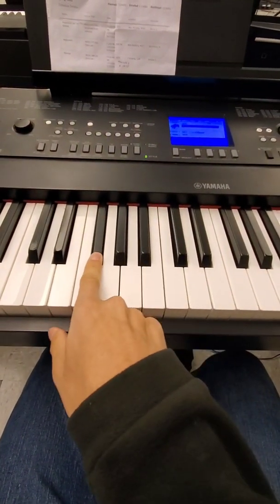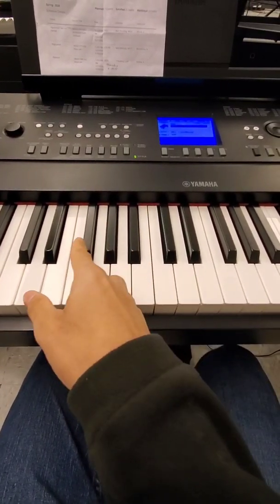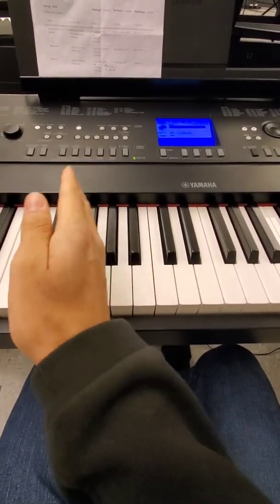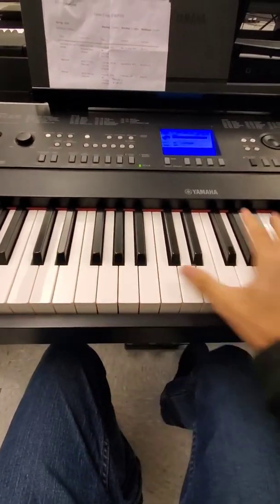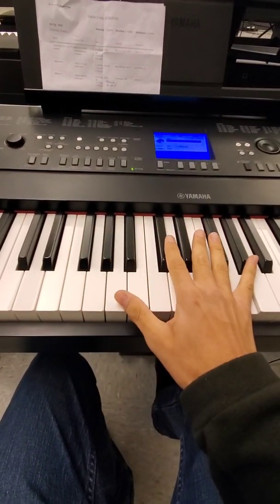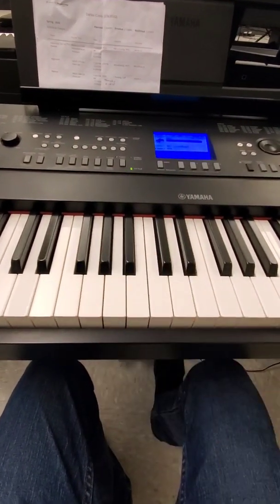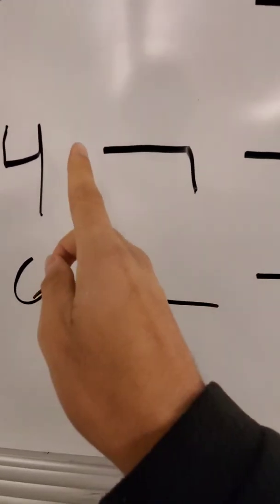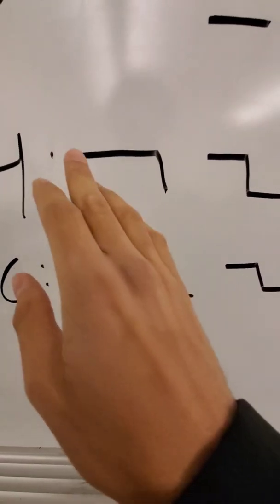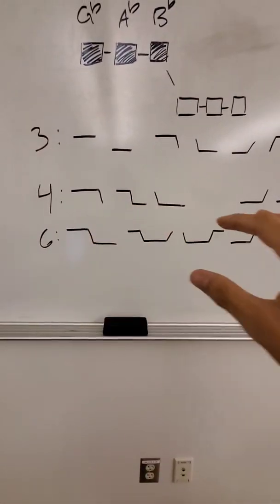If I start here, I just know that there's a line that goes across these 3 black keys. I imagine that as a shape and ignore everything else for a second. Or this shape, for example. These are kind of like Tetris pieces in my mind as I'm playing through the major scale.